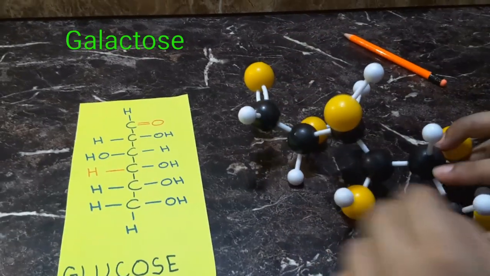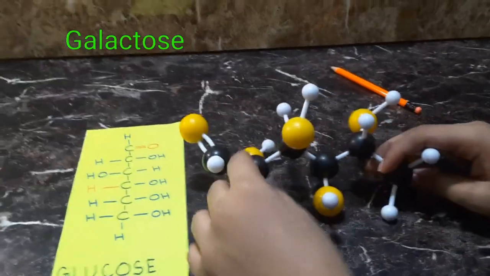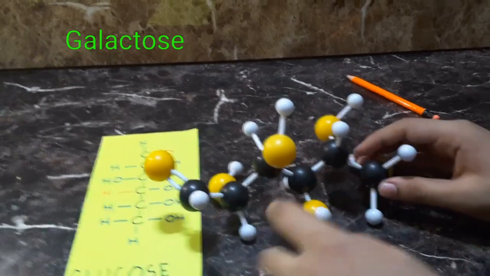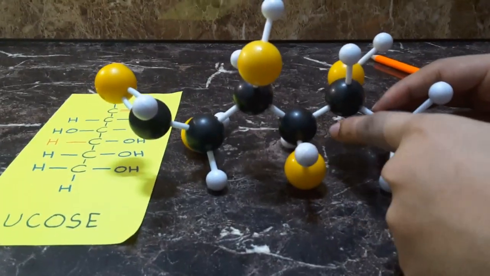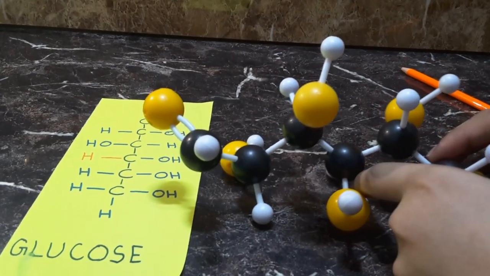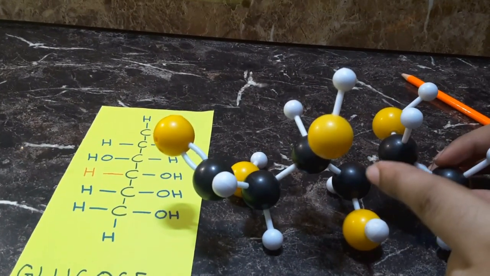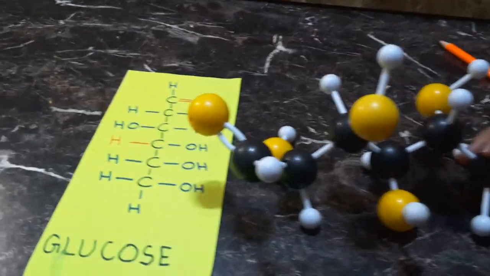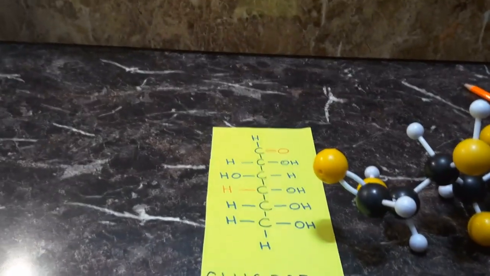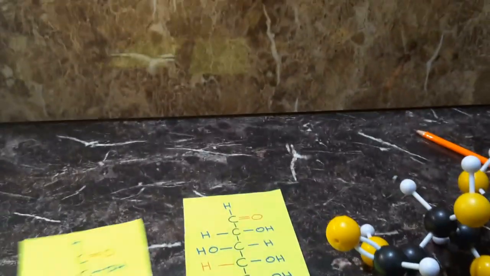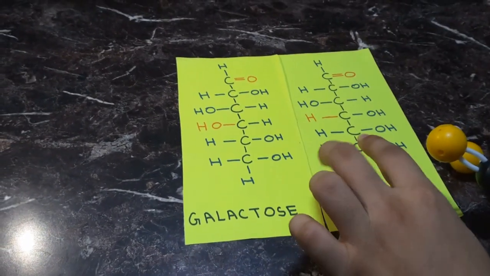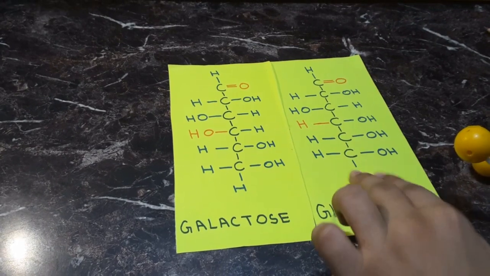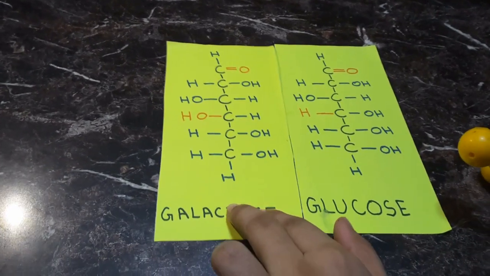So I have changed the position on the fourth carbon. See, this is the first, second, third and fourth. I have interchanged the positions and this is a galactose molecule. See, this is the structure of glucose and this is the structure of galactose.